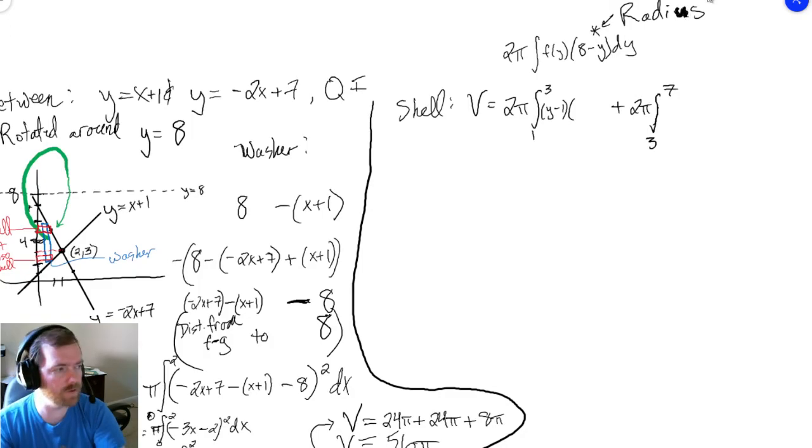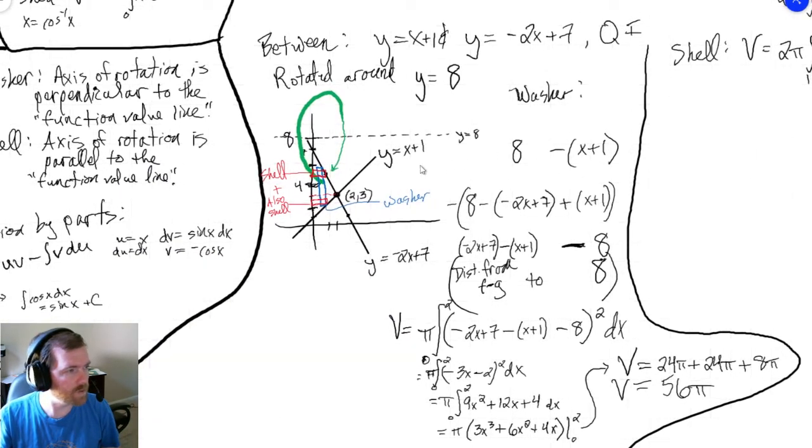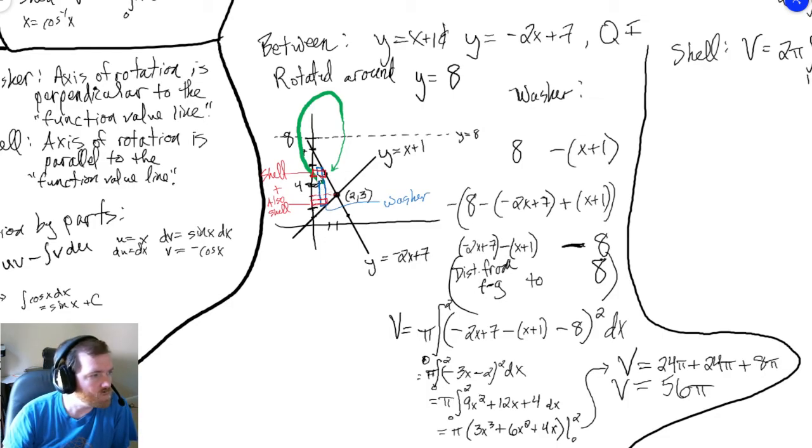Alright, so this is the new distance that we're measuring in the vertical direction. So when we're doing the shell, we're measuring not from 0. So we get the function value minus 0 would be around 0.